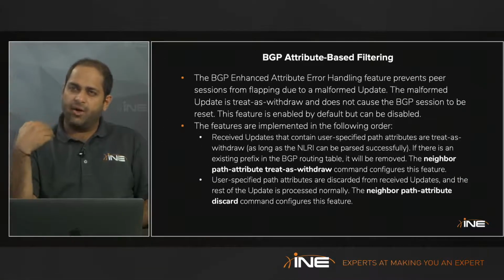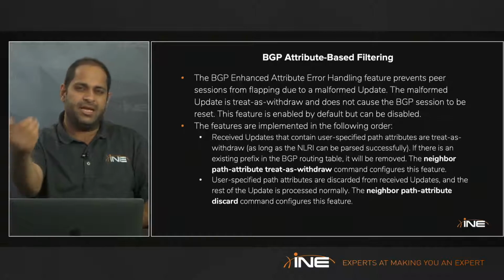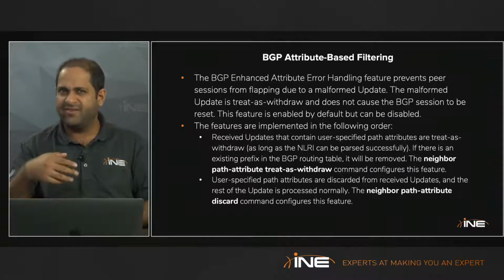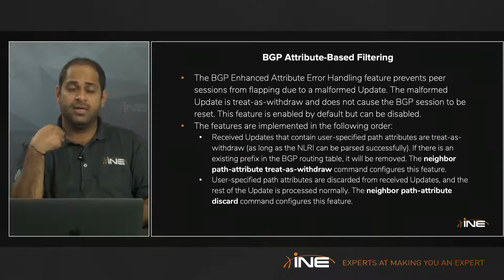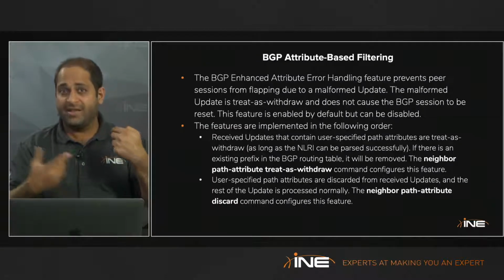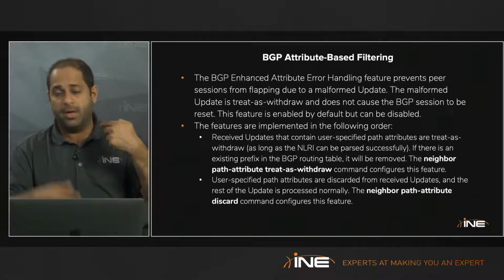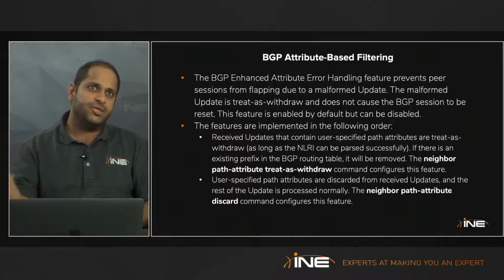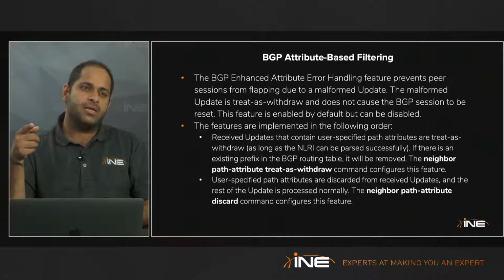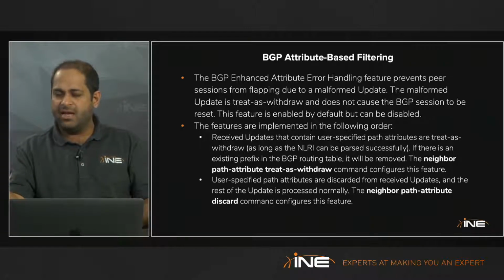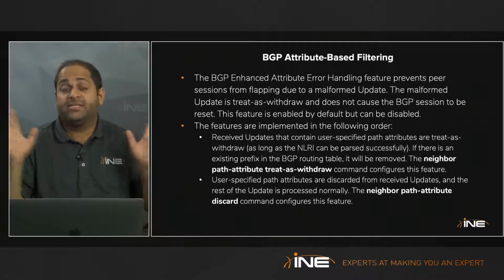Let's say my neighbor is sending me attribute number 6, which is atomic aggregate. Let's say my neighbor was summarizing. When you summarize a route, which is aggregation in BGP, the neighbor sends you an aggregate update, and I don't want to accept the update.